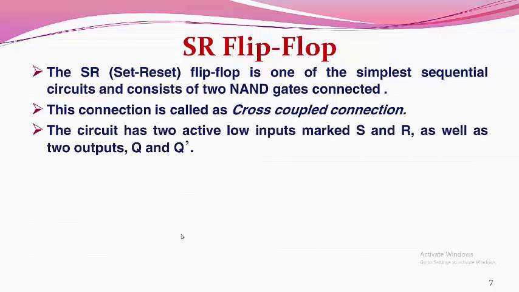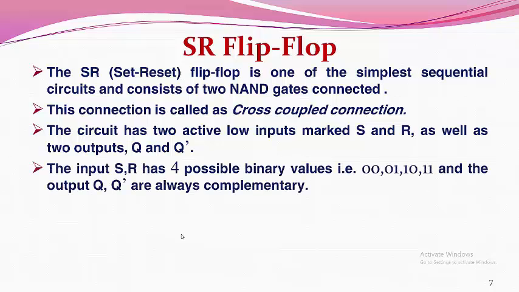This circuit has two inputs, that is S and R, and two outputs Q and Q bar. As this SR flip-flop has two inputs, we can apply 4 possible binary values, that is 0, 0; 0, 1; 1, 0; and 1, 1.